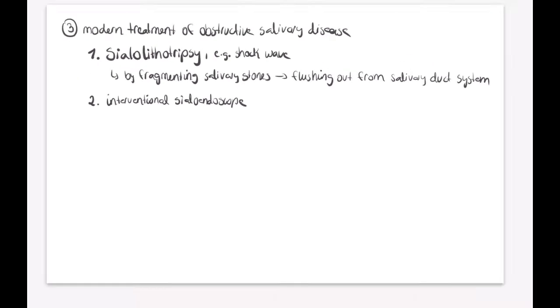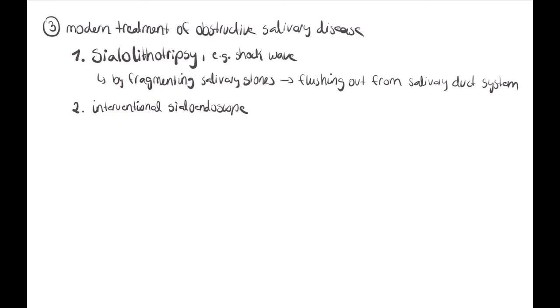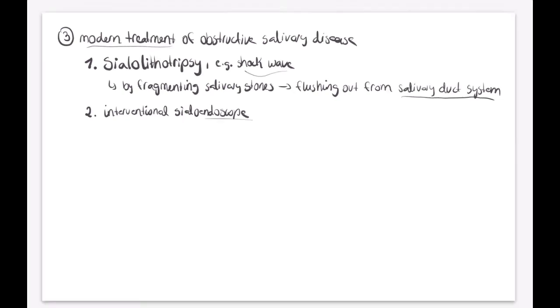And when you fragment the salivary stones, you flush them out through the salivary duct system. And the second type is the interventional sialoendoscopy. So these are the two types of the modern treatment. You use shock waves, or you use the endoscope.